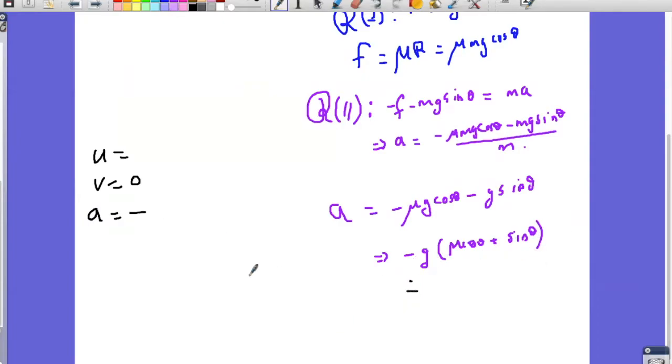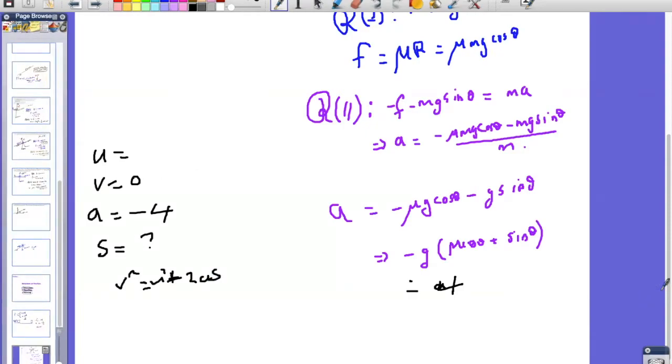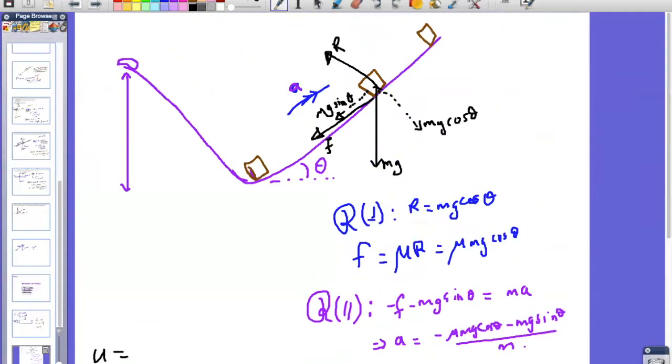It will give you that value. Just call it negative 4, for example. So acceleration is negative 4. And then you need to look for your s. For instance, you just substitute this in the equation v squared equals u squared plus 2as to look for your s, or any other equation, whatever you are looking for.